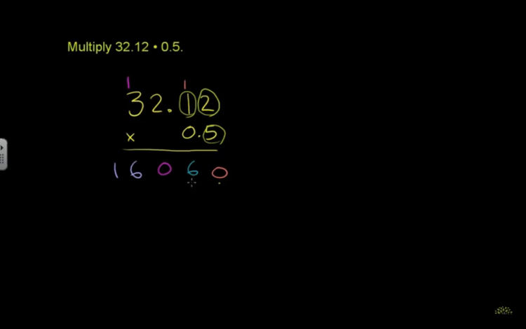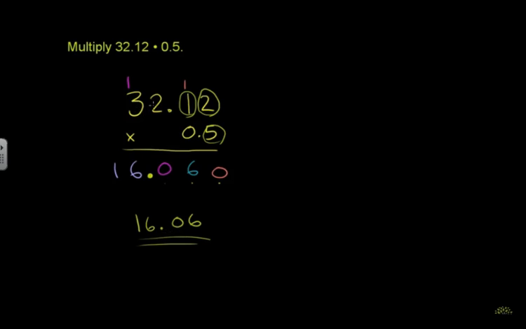So we go 1, 2, 3, put the decimal right over there. So 32.12 times 0.5 is 16.060. And this trailing 0 right here we can ignore because it's really not adding any information there. So we can just write this as 16.06.